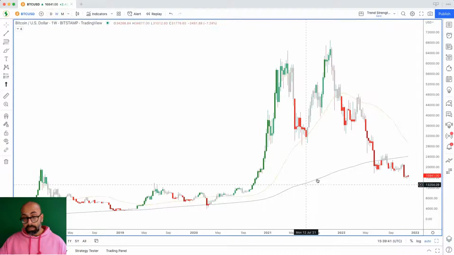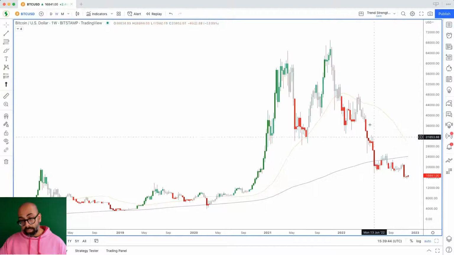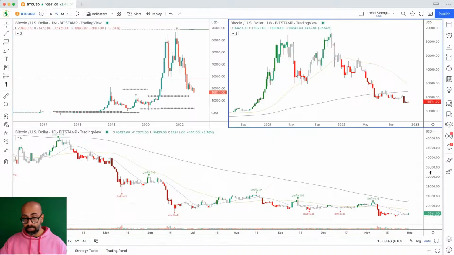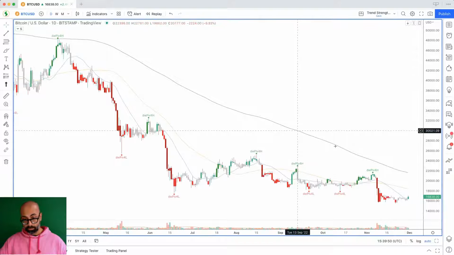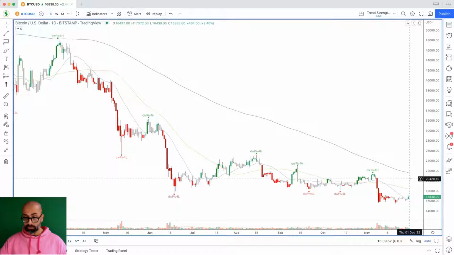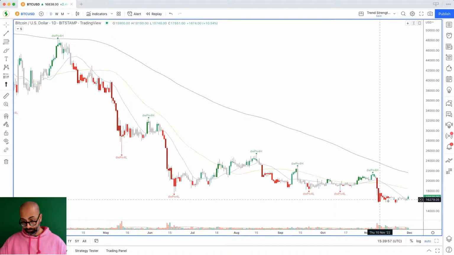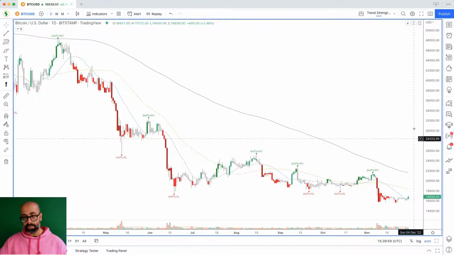Okay, weekly, it's below the 200 moving average. You can see how it's red all over the place, right? It's red on the weekly, it's below the 200 moving average, and it's below the 200 moving average on the daily. Now, it's forming a little bit of a foundation, and we could potentially start seeing a reversal. We could, but we don't know until the market actually reverses.